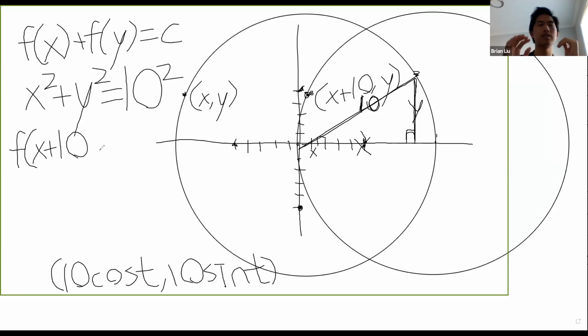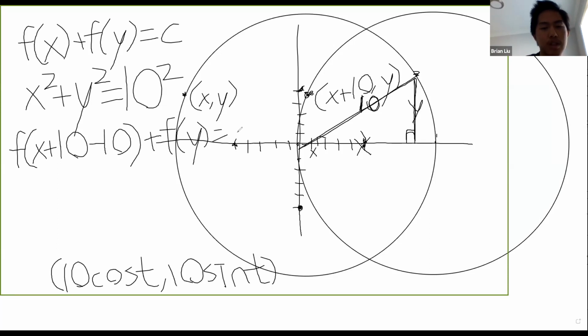So we're going to turn this new equation into something that looks like the old equation. So x is just x plus 10 minus 10, and we know f of x satisfies this. We still know that this is true because x plus 10 minus 10 is just x. So these two are basically the same equations.